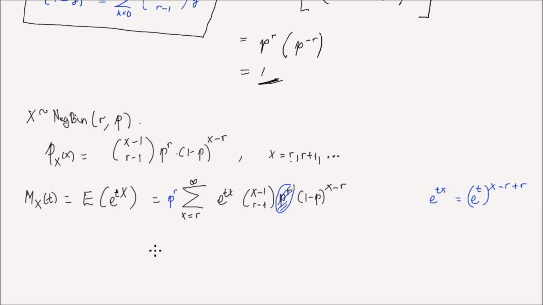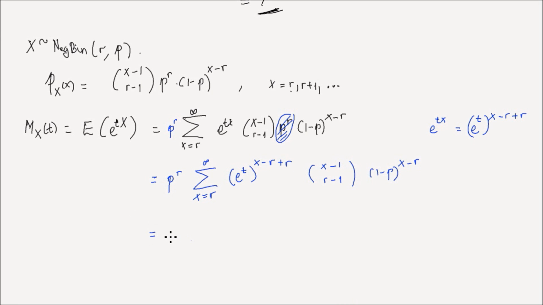So I can rewrite this as p to the power of r times the summation, x ranging from r to infinity, of e to the t to the power of x minus r plus r, times x minus 1 choose r minus 1, multiplied by 1 minus p to the power of x minus r.